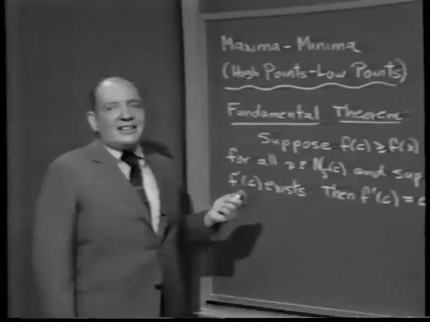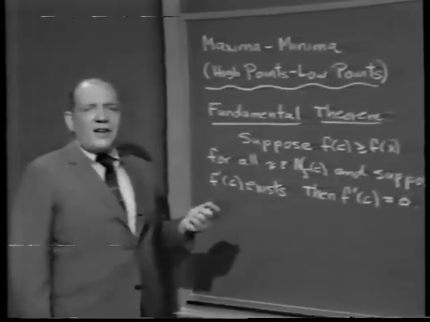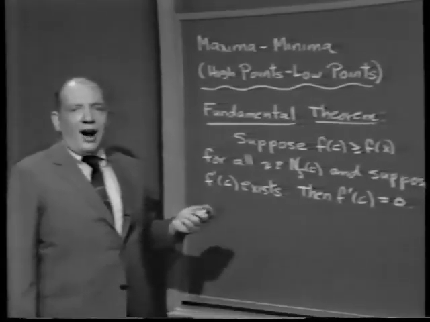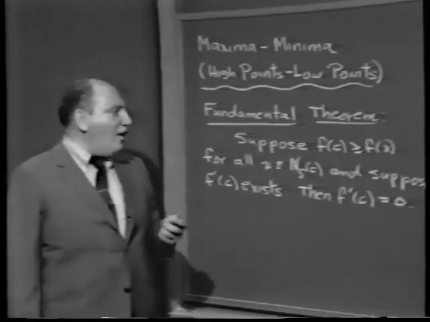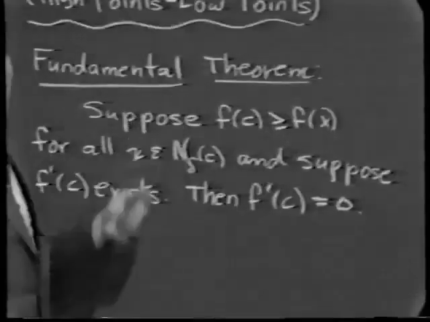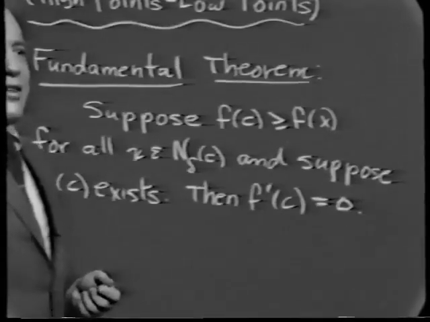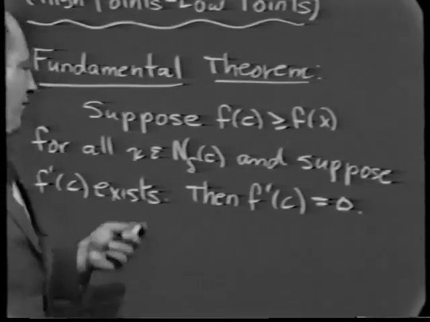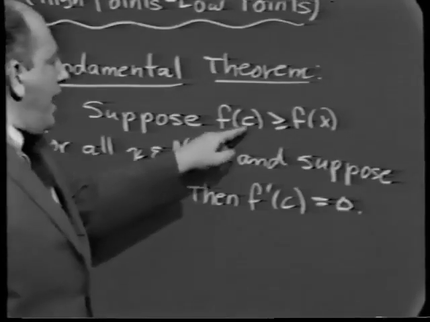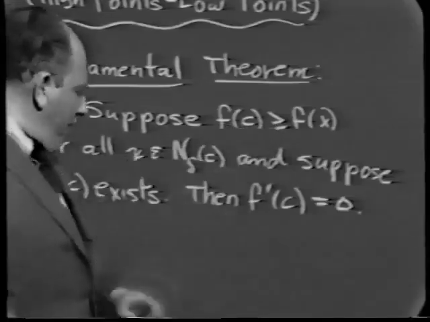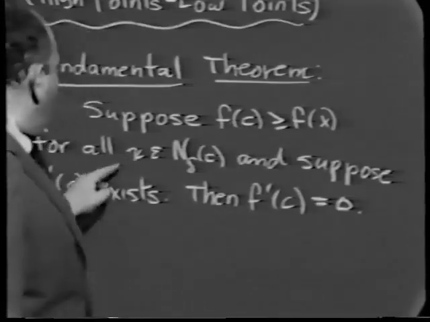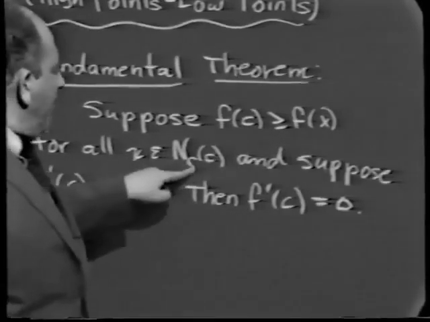Now, as is always the case, we usually have to have some sort of a fundamental result from which all of our other results follow. And in this context, what I call the fundamental theorem for a study of maxima and minima is the following. Suppose that f of c is at least as great as f of x for all x in a delta neighborhood of c.